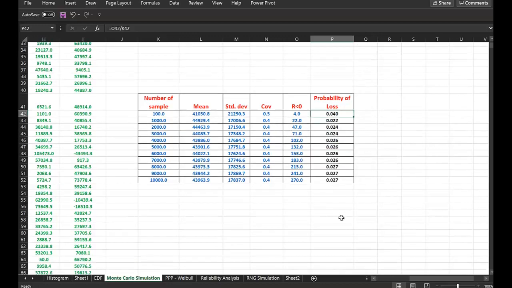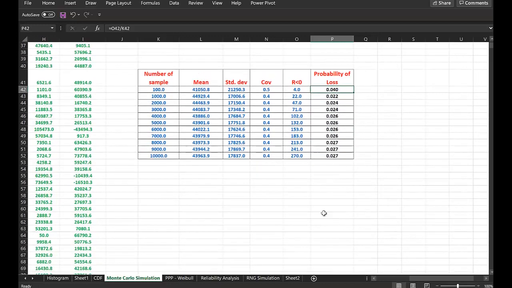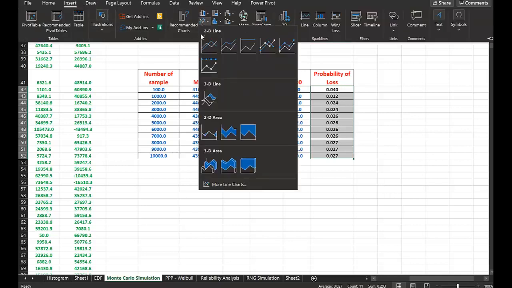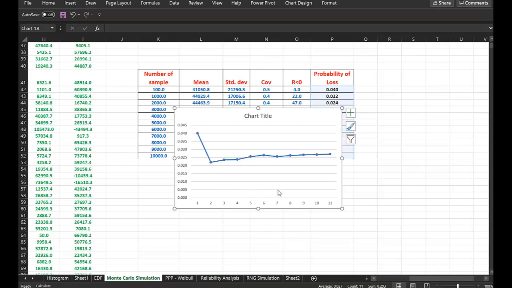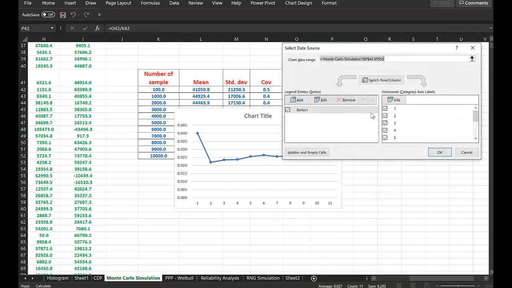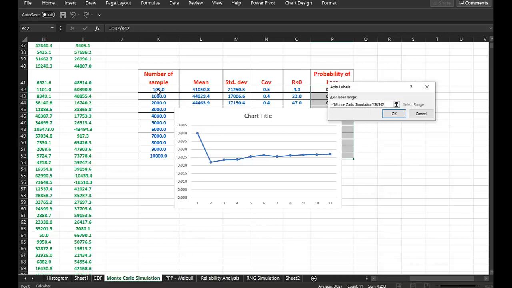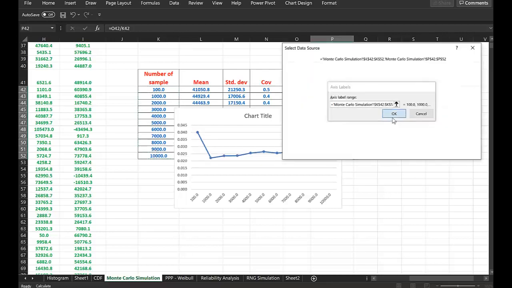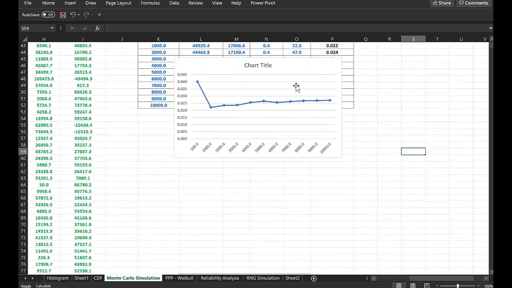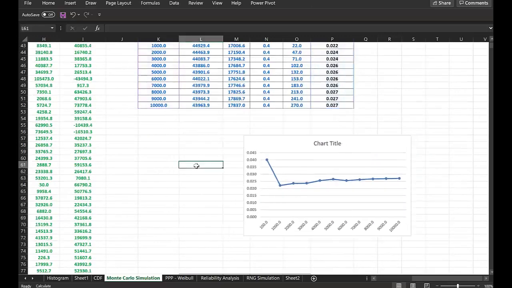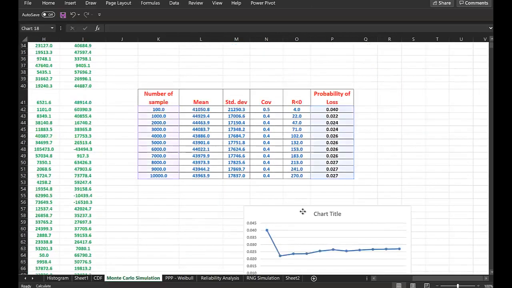So we can plot a graph between probability of loss versus number of samples. Let us plot this graph. Probability of loss on the y-axis, and on the x-axis we will have number of samples. So basically I can plot this graph here.